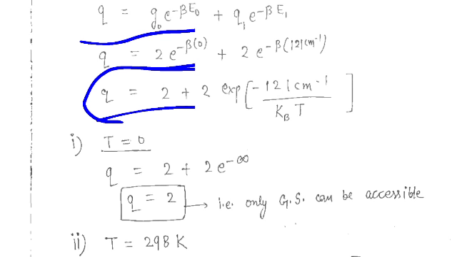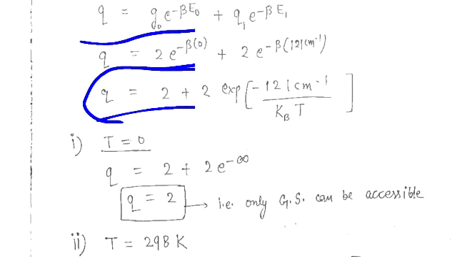So first of all, on substituting temperature equals 0, what will we get? We just put the temperature as 0, so we get exponential minus 121 upon infinity, that is upon 0, so the whole exponential becomes minus infinity. E raised to the power minus infinity has value 0, so we get the partition function as 2 for the system at 0 temperature.